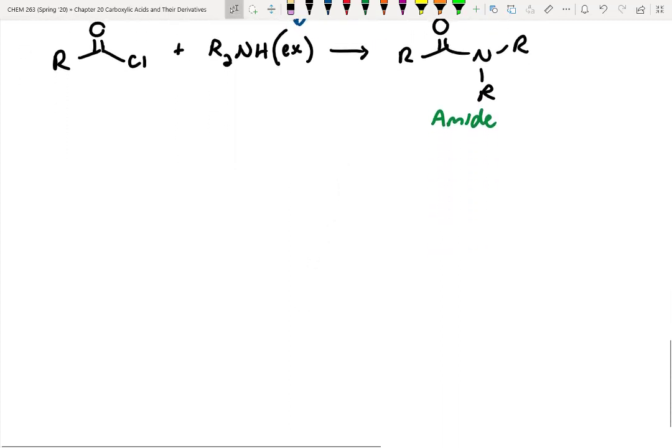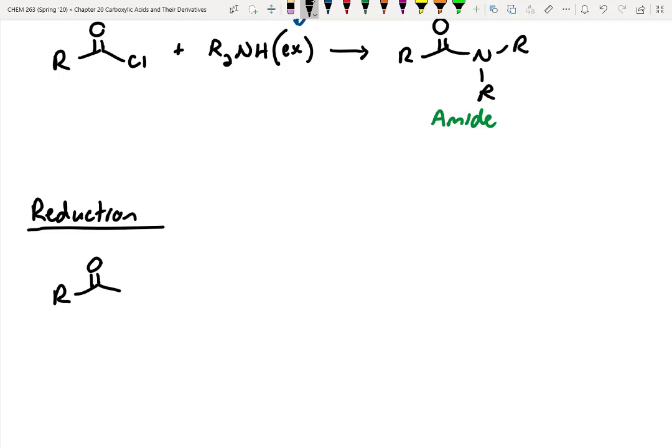The next one is going to be a reduction reaction. Let me change my colors here. And let's consider this. Let's say we have an acid halide, and we want to get to something like a primary alcohol.